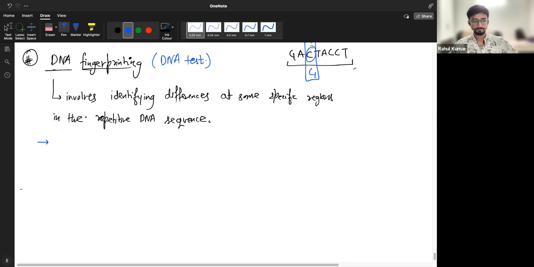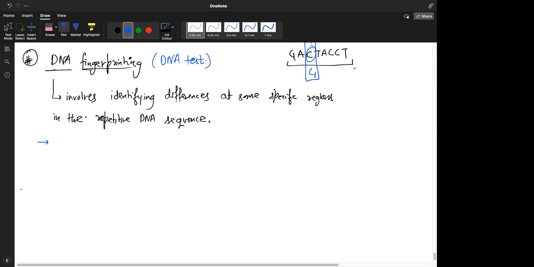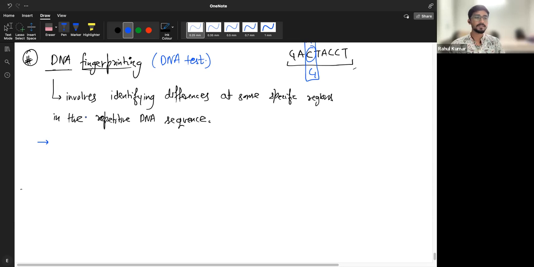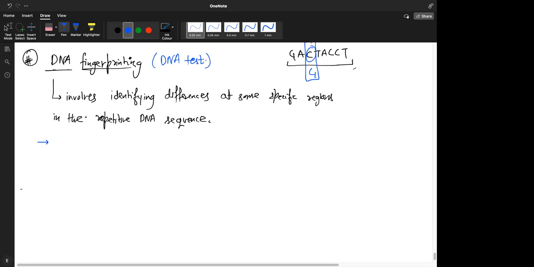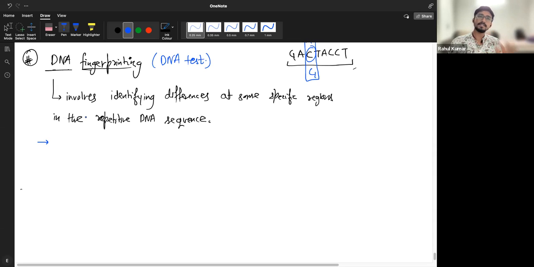Repetitive sequences can be easily separated from the bulk genomic DNA through density gradient centrifugation.